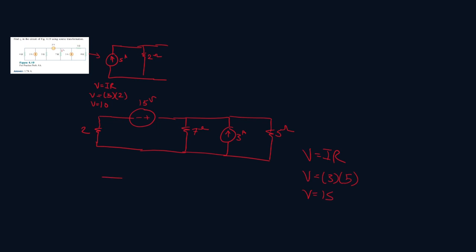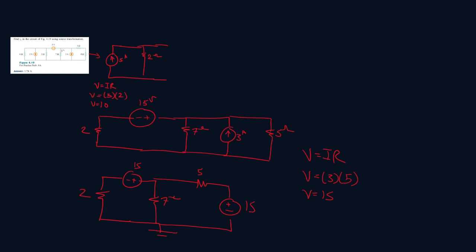So we can rewrite the circuit like this. So we have our resistor of 5 ohms, and then our voltage. So our voltage will be 15.